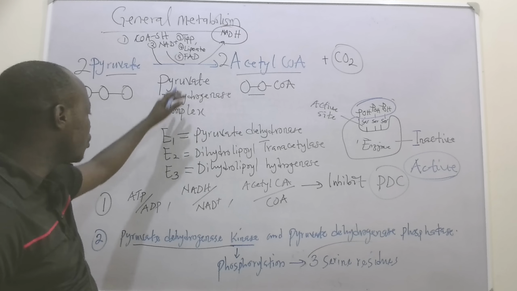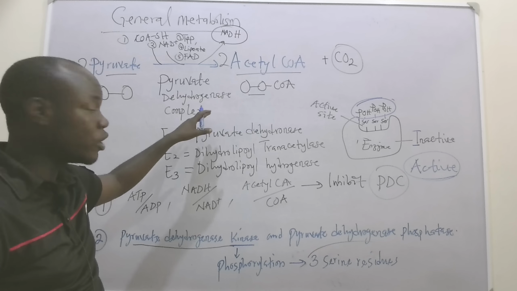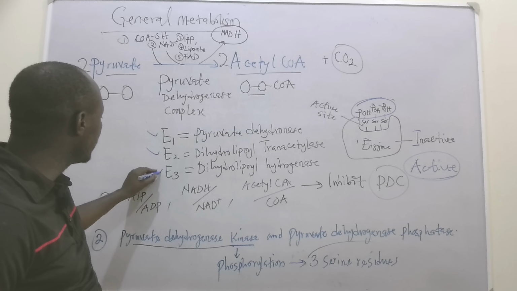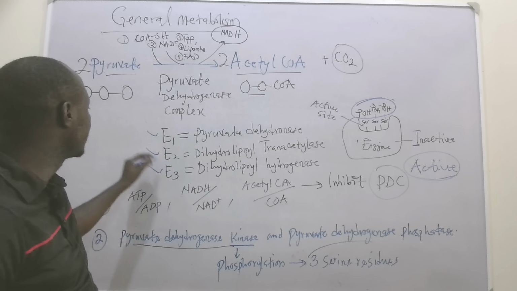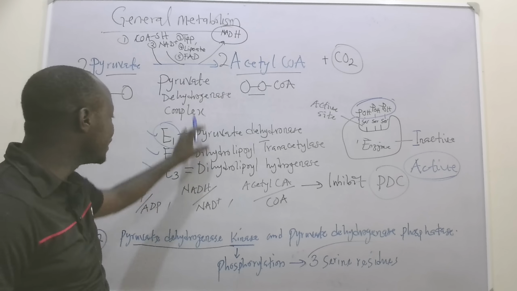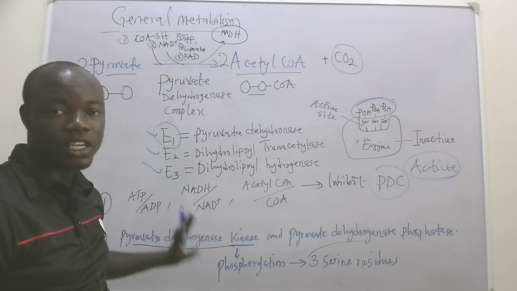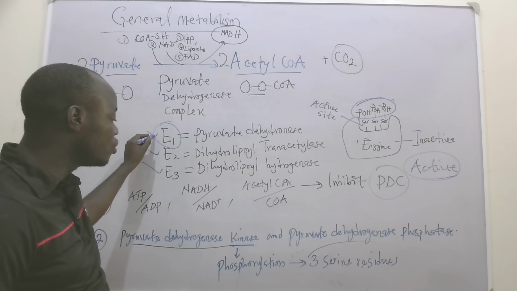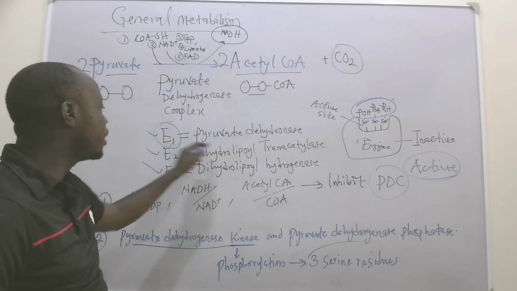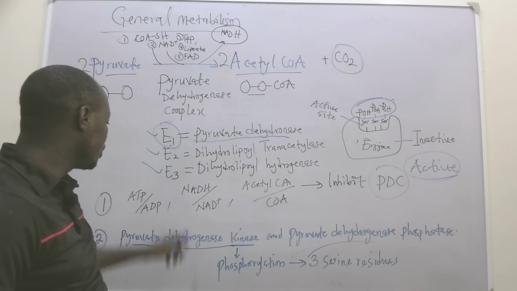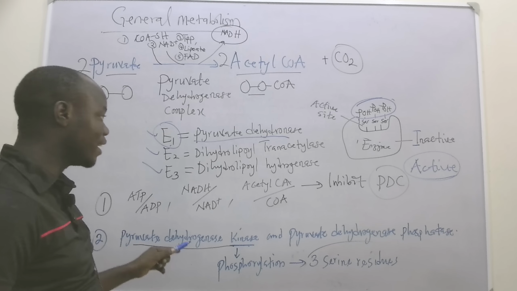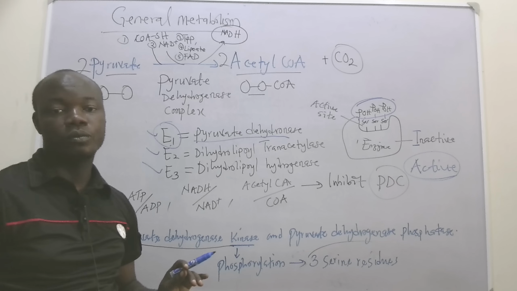Is the phosphorylation and dephosphorylation for all three, E1, E2, E3, or only one of them? It is only on E1, because it is the master enzyme here. So if you are able to phosphorylate or dephosphorylate the E1 enzyme, that is pyruvate dehydrogenase, using the kinase and phosphatase, you can control the enzyme.